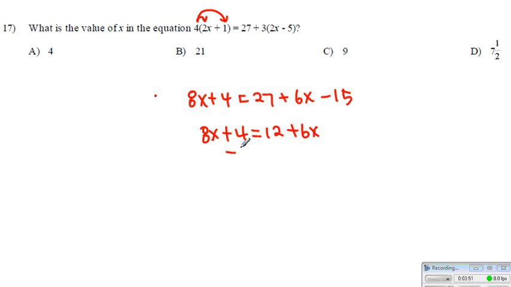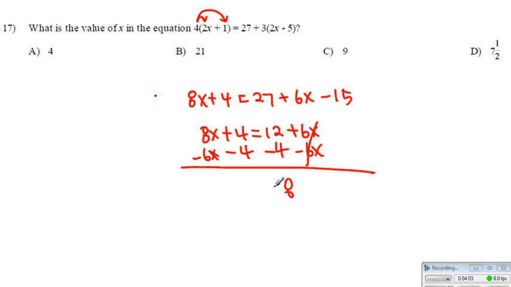So if you have to subtract 4 from each side, and subtract 6x from each side, we'll end up getting 8 is equal to 2x. And therefore x will be equal to 4 as we divide each side by 2. Now then x equals 4 right over here, choice A.